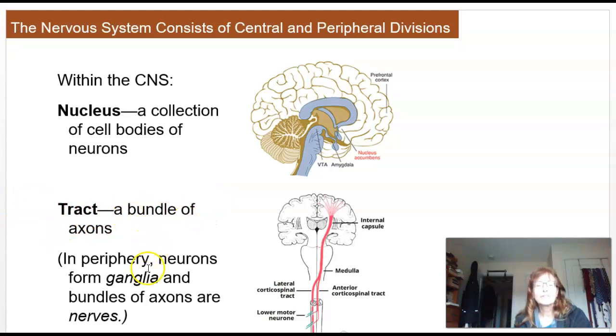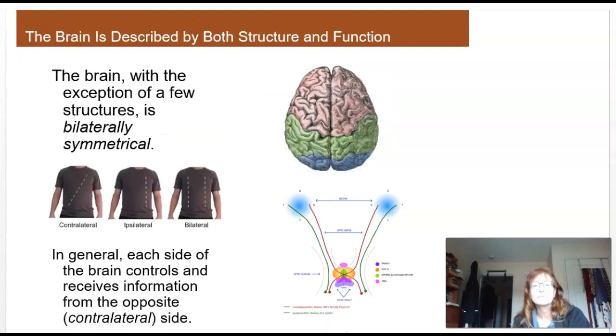Now, in the peripheral nervous system, we use the term ganglia to represent this same idea of these cell bodies. And the bundles of axons, that's when we call them just nerves. So it's just vocabulary that's specific to either the central or the peripheral nervous system.